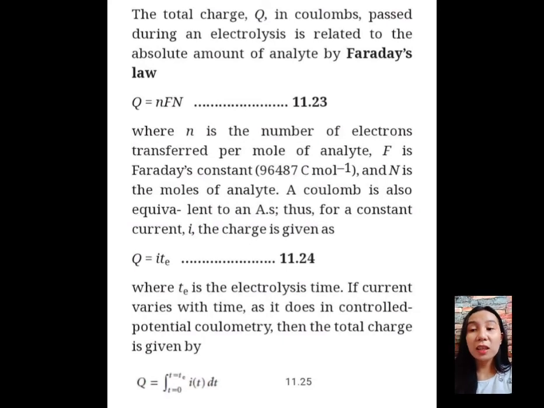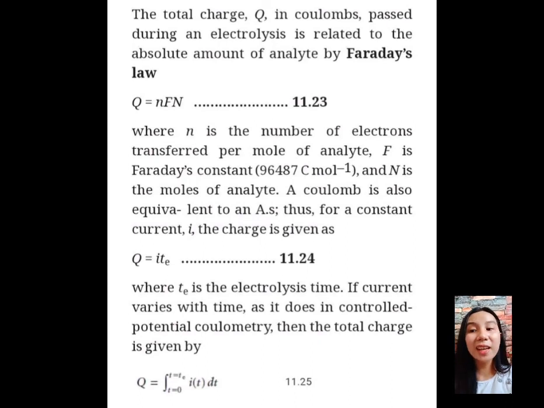Moreover, in coulometry, current and time are measured, and equation 11.24 or equation 11.25 is used to calculate Q. Equation 11.23, on the other hand, is then used to determine the moles of analyte.